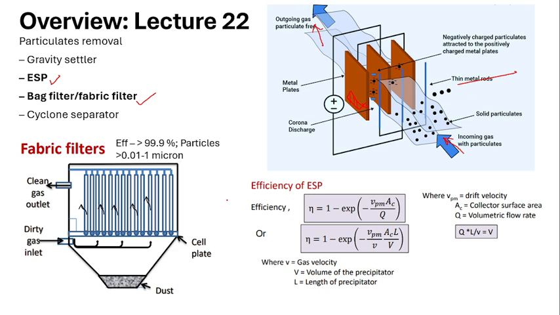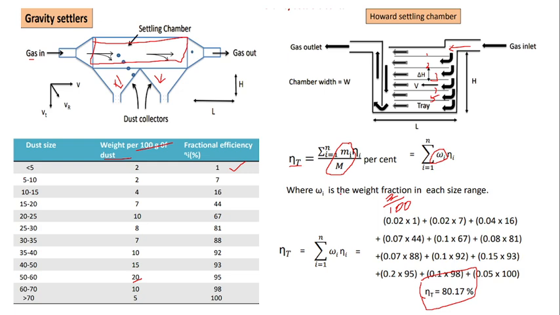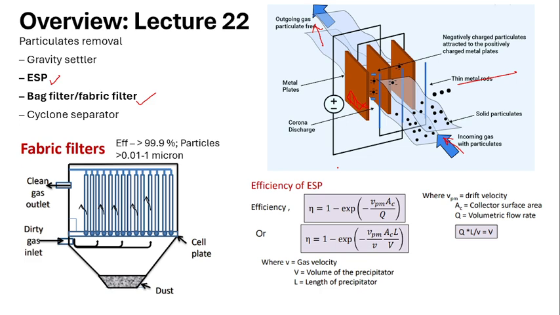So to calculate the efficiency of this ESP, like how the efficiency of the gravity settlers is calculated using a formula, the efficiency of ESP is calculated using these formulas. We can note it down. We have many problems using these formulas.